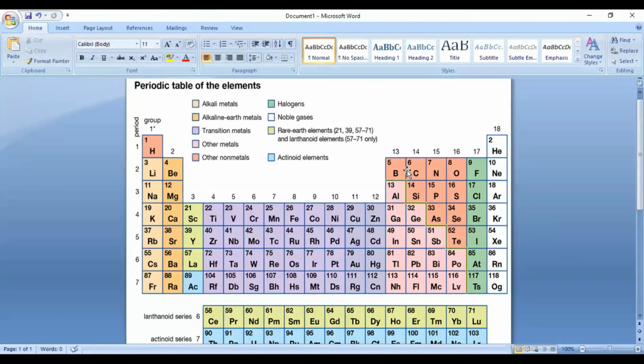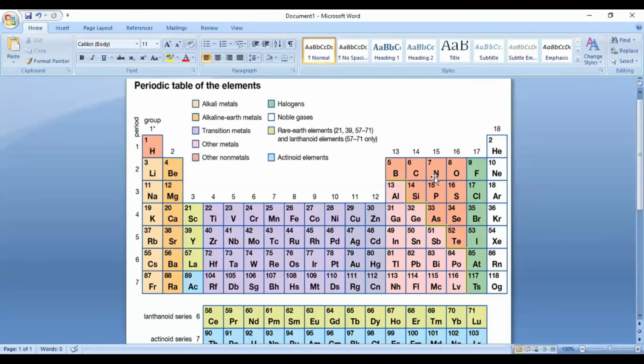Now coming to the next group, right over here, that includes carbon, silicon, germanium, tin, and lead. These are called the carbon family. Carbon and silicon are included in the other non-metals, and the rest are included in the other metals.